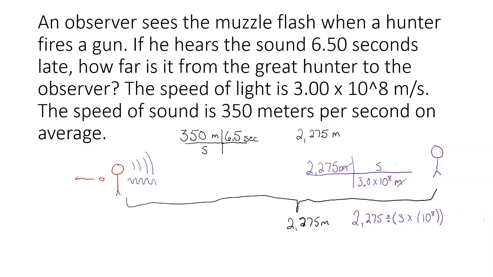So times 10 raised to the 8th power, I get that it would take 0.00007583 seconds for the light to travel from the gun to the eye.